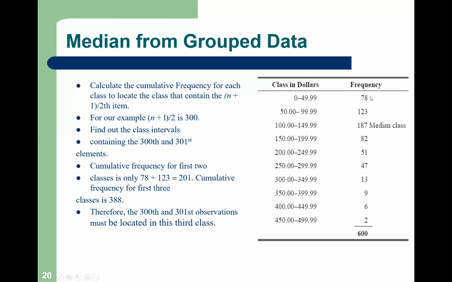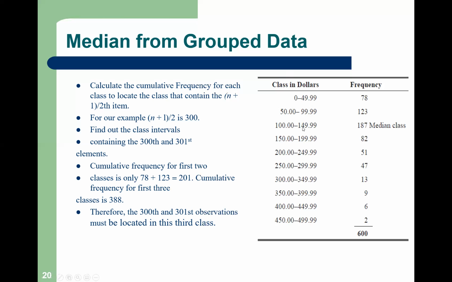The cumulative frequency of the second class would be 78 plus 123, so this is 201. Still, it shows that in these two classes we have a total of 201 values, but we are interested in the 300th value. So we will move further.